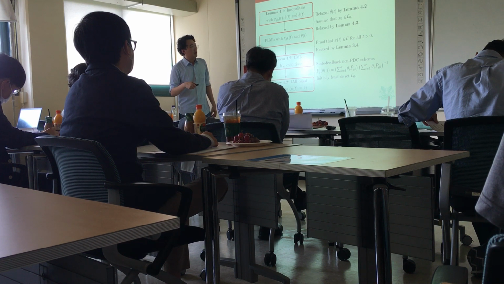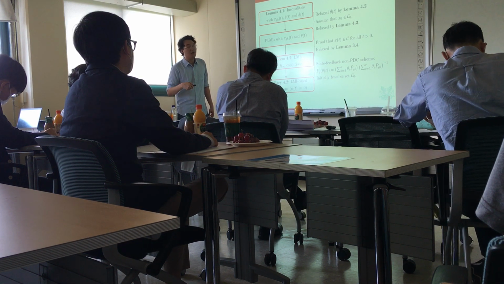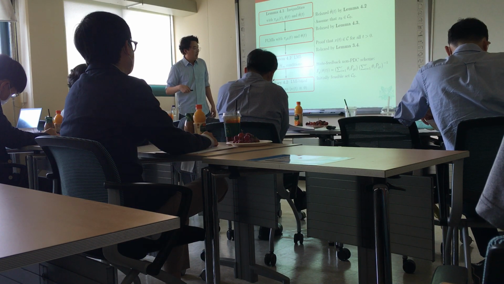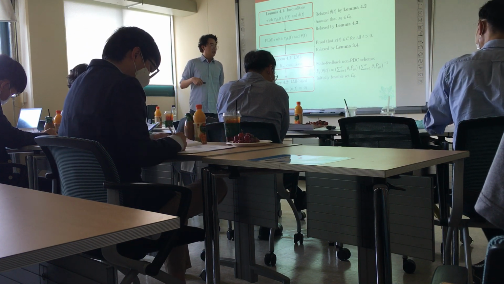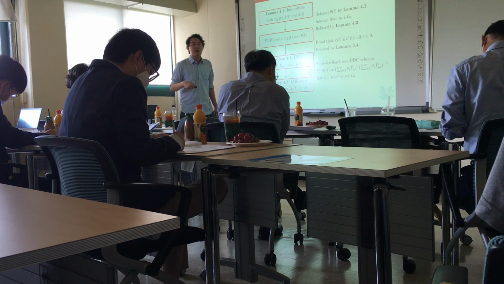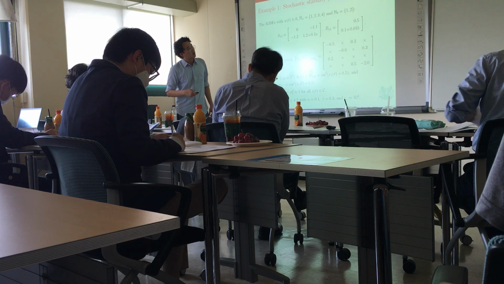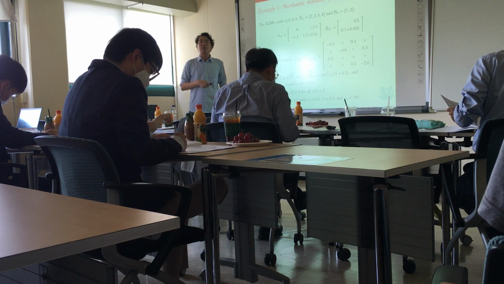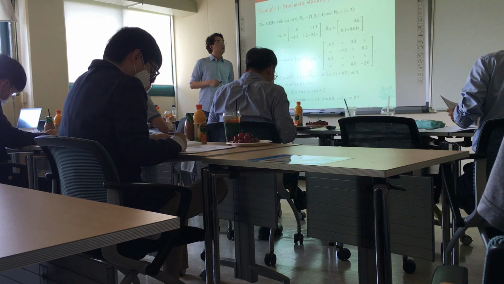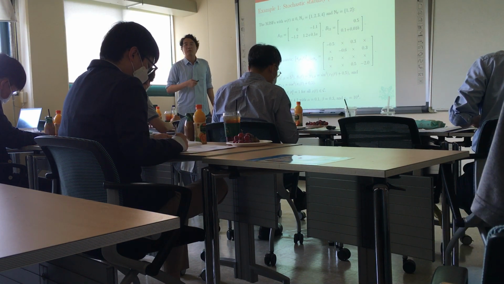We can obtain the LMIs based on the conditions in Theorem 4.2, and we can obtain Corollary 4.2 in the case of no disturbance. So now we go into some examples to show the advantage of our proposed method.